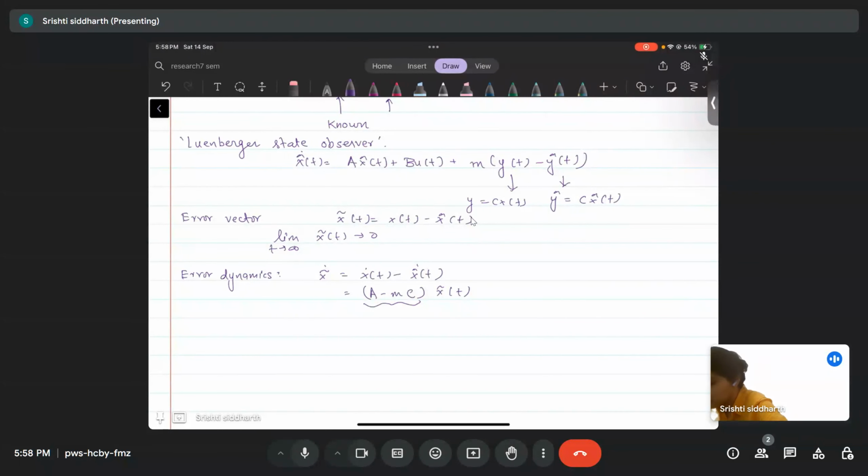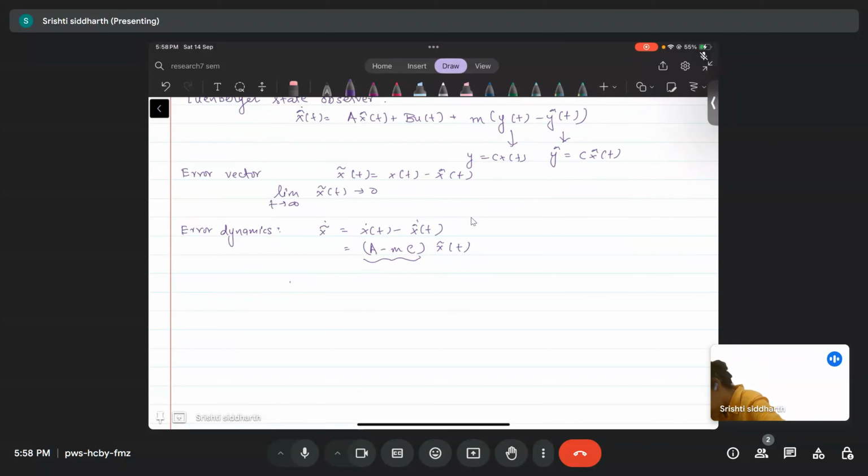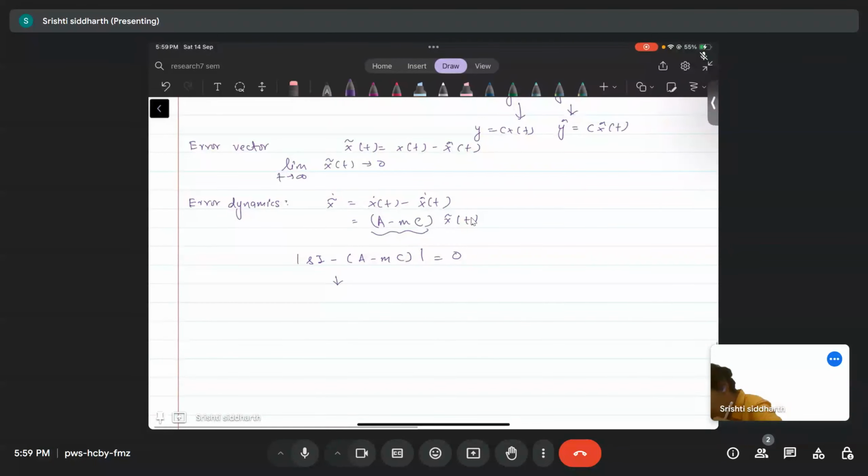To talk about the eigenvalues, we consider the characteristic equation, determinant of sI minus (A minus MC) equals 0, and we are designing such that A minus MC has negative eigenvalues, so that this error dynamics system is stable, and the error converges to zero as time tends to infinity.